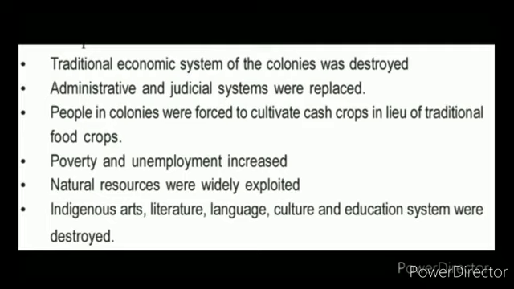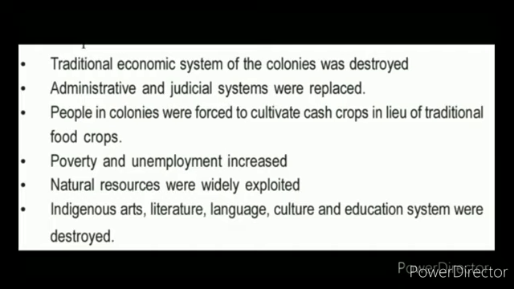How did imperialism affect the colonies? The traditional economic system of the colonies was destroyed. Administrative and judicial systems were replaced. People in colonies were forced to cultivate cash crops in lieu of traditional food crops.